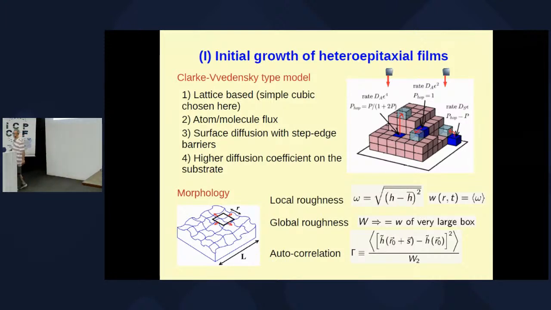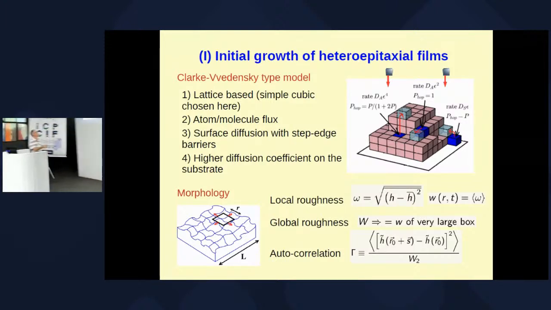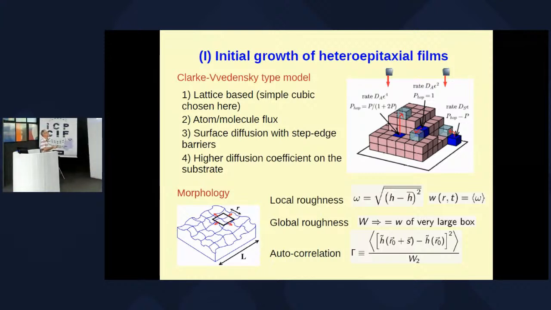So this is the way in which we define the different rates for the movement of atoms or molecules in this deposit. And we measure quantities like the local roughness. Local roughness is measured in small windows gliding along the surface.